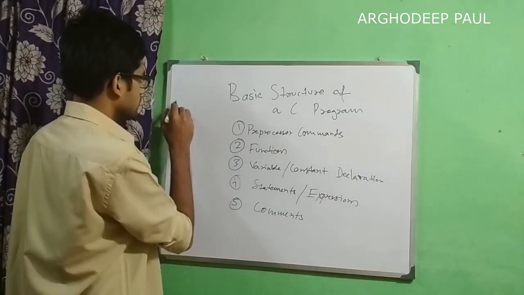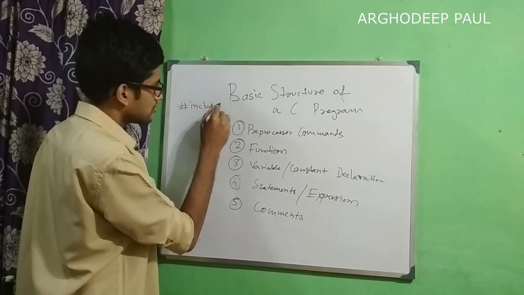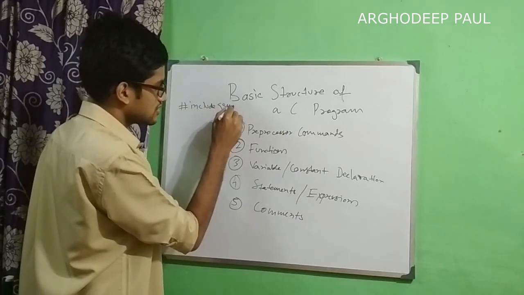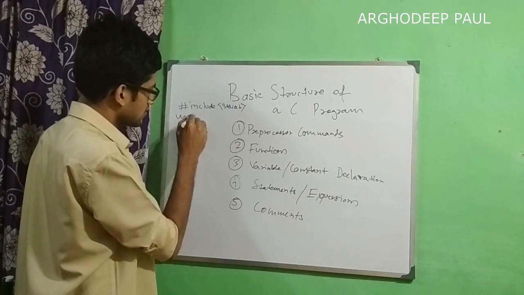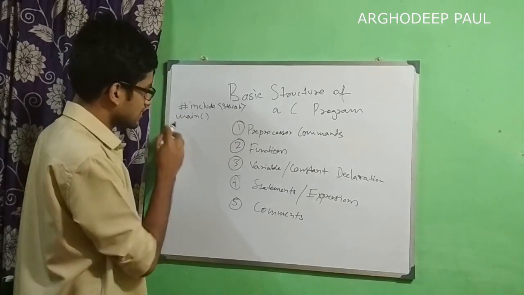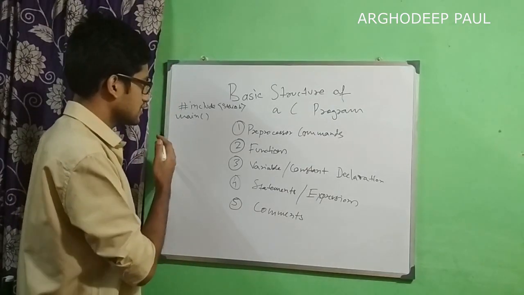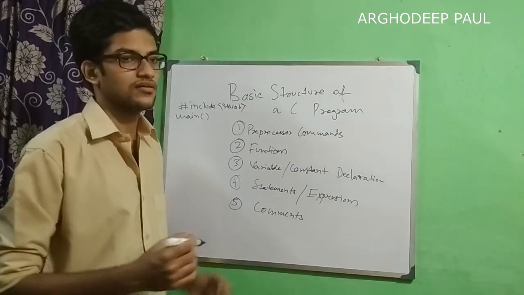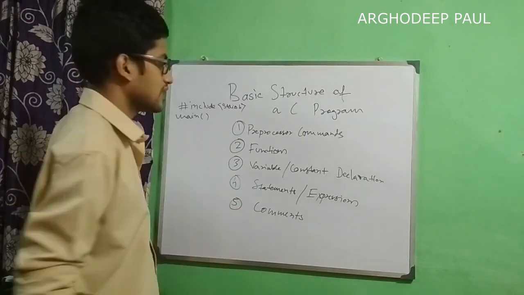So we are writing a simple C program. Include stdio.h, main. We do not have a return type here. I have not used any return type, or the data type of the return type. So this will by default be the void type.